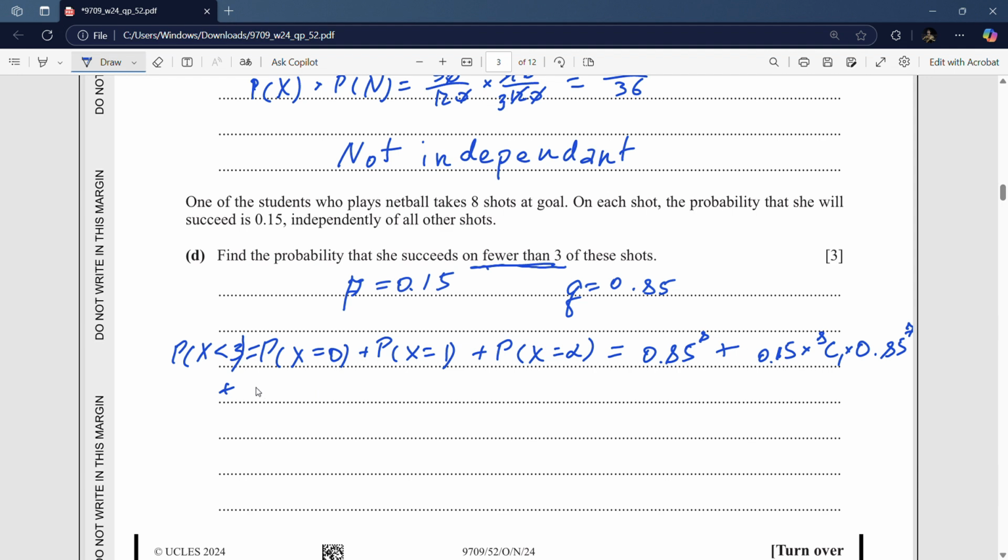And in the last case, we have 2 successes, and again we should use 8C2 because we don't know in which order they happen. So 0.85, and we are having 6 failures this time. And the answer is 0.895 in 3SF.